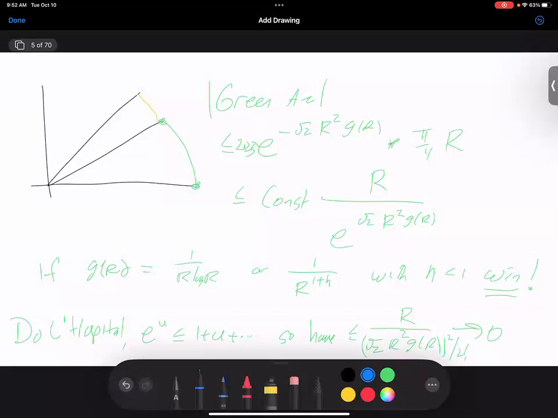And now it's going to come down to what the constants are, because we'd get r to a power. So if you did g of r is log of r over r squared, you could probably make that work if you put in the right constant, if you really wanted a small arc there. But again, it's trying to see how far can we go before we get into trouble.